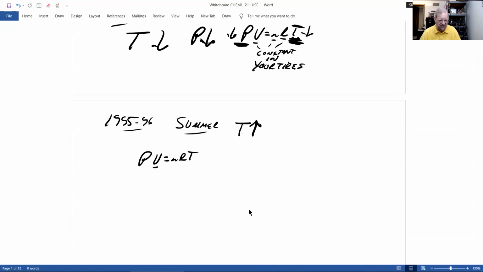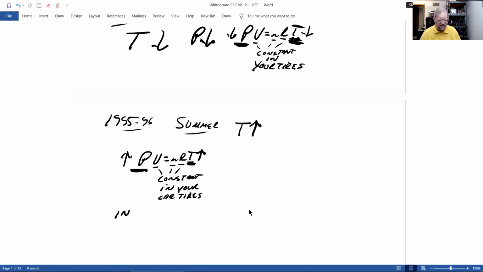In your car tires, V, n, and R are constant, unless you get a flat, then all bets are off. So if the temperature goes up, the only thing on the left that can change, the pressure, will go up.